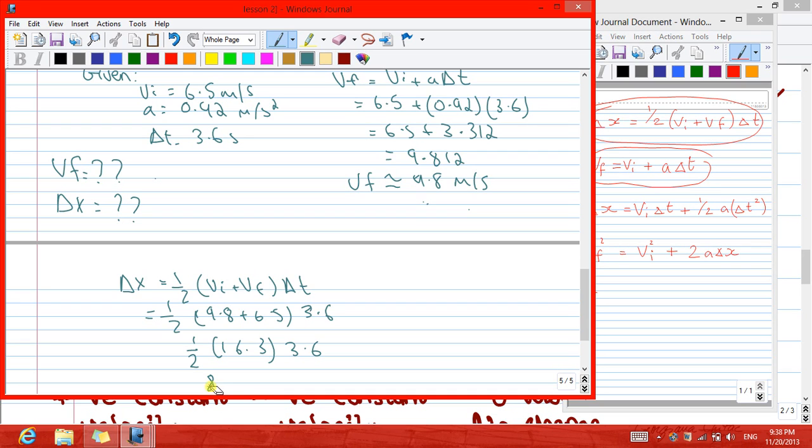So if we take 16.3 and divide it by 2, we're going to have 8.15.